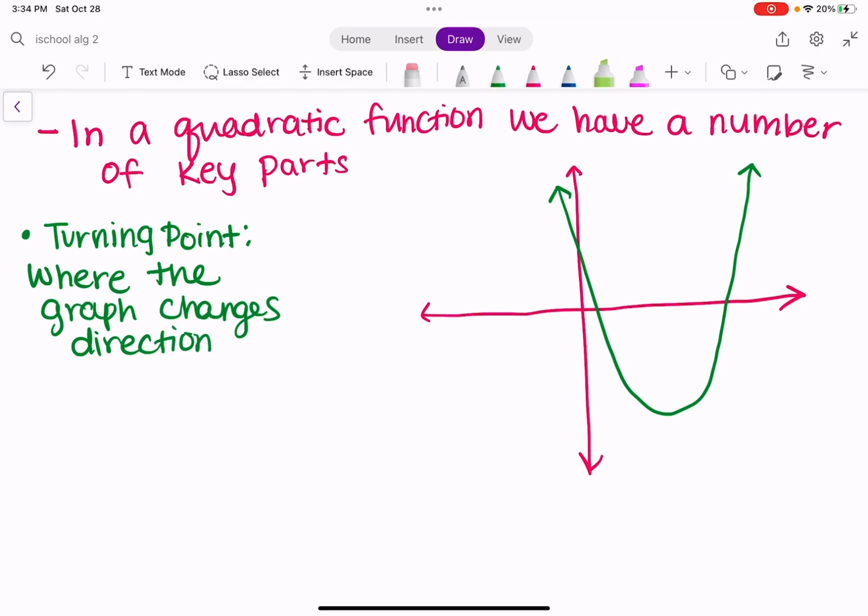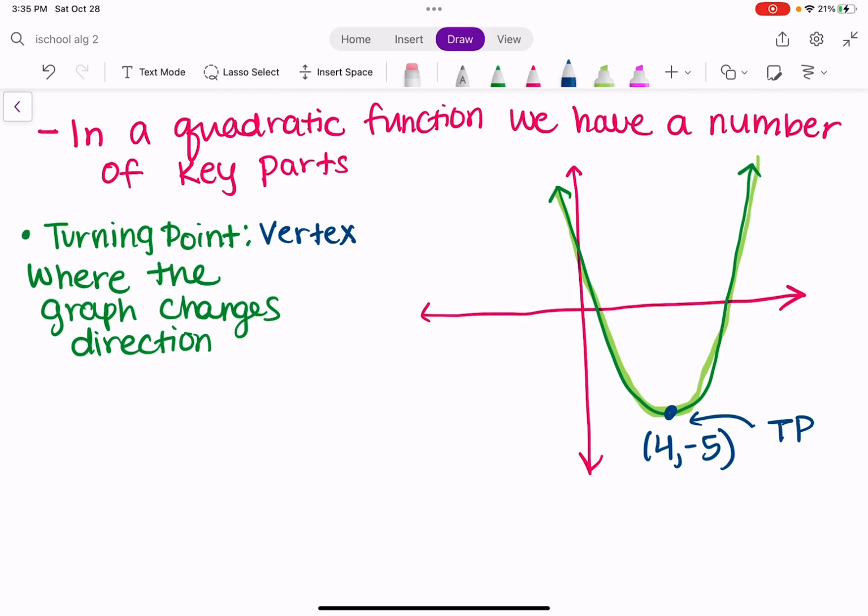As you notice in this graph, it's first decreasing and then it's increasing, right? And so the turning point is here, which is where the direction changes. And another word for this, as many of y'all may know, is the vertex, okay? We're going to pretend that the vertex is just (4, -5). I made that up, okay? So this right here is what we would call our turning point. I'm just going to write TP, okay? So that is our turning point.